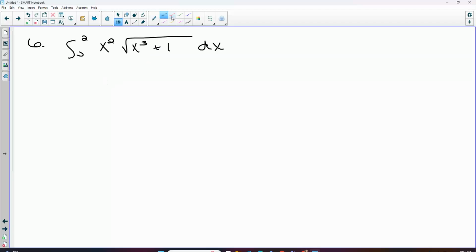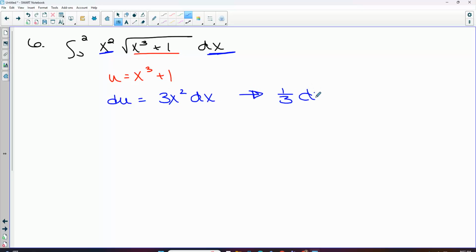So we start with a u. U is the inside, so inside would be under my radical, x cubed plus 1. Du. Derivative of x cubed is 3x squared. And we have a dx. I need the x squared and the dx, I don't need the 3. So that means I will use 1/3 du to replace my x squared dx.